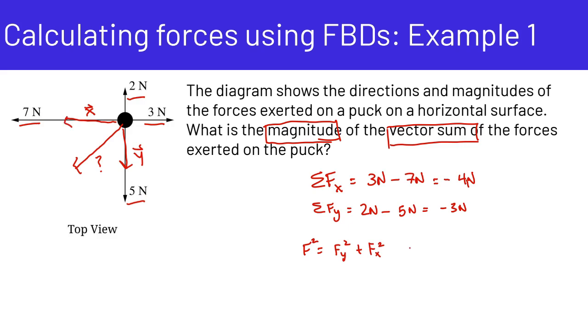So F then is equal to the square root of Fy squared plus Fx squared. Okay, so F then is equal to the square root of Fy is minus 3 newtons squared plus minus 4 newtons squared.